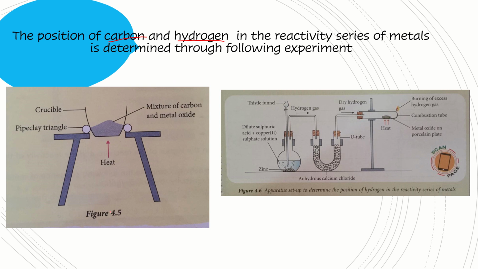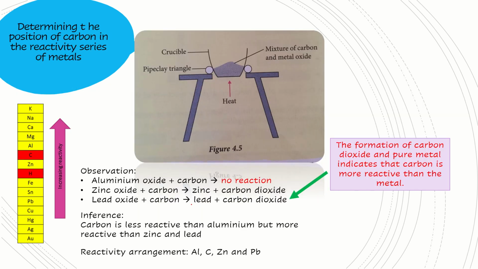This figure is for the position of carbon, while this figure is the position of hydrogen. Alright, we go to determining the position of carbon in the reactivity series of metals.